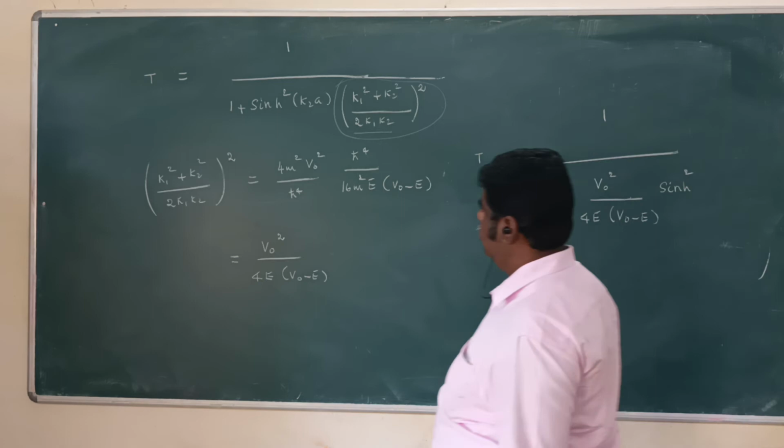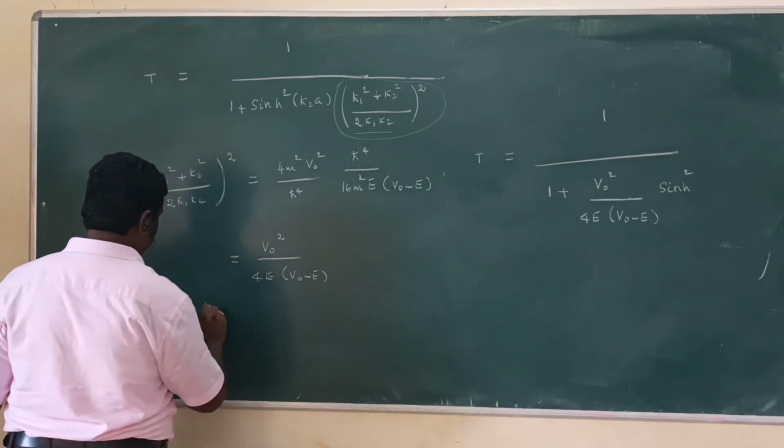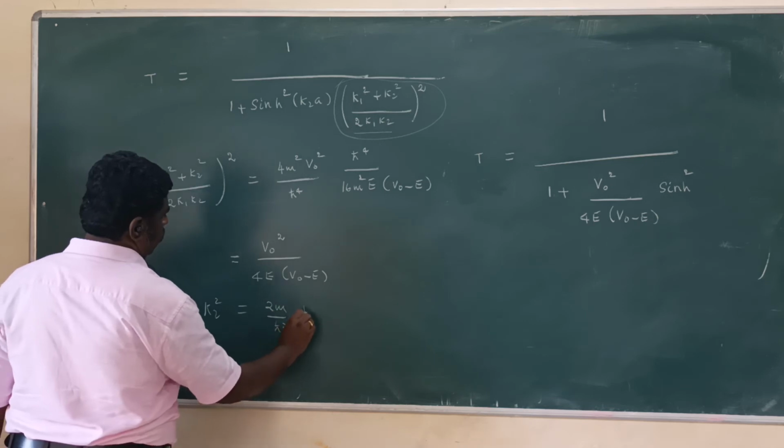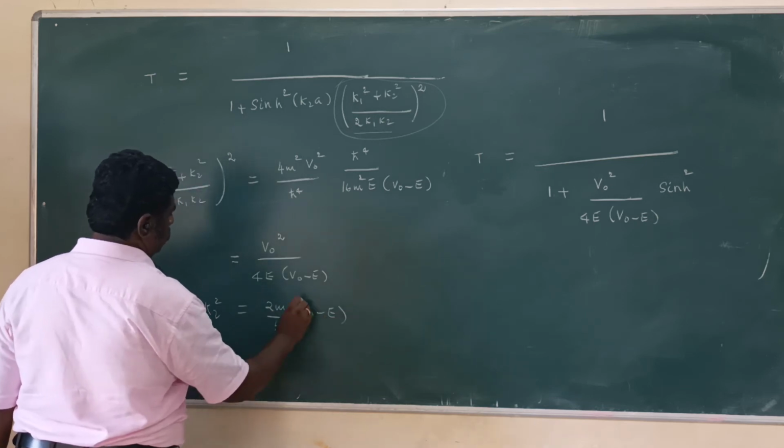The value of k2 square is 2m by h cross square into (V0 minus E).